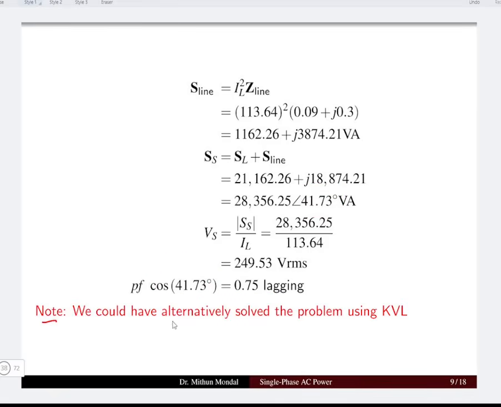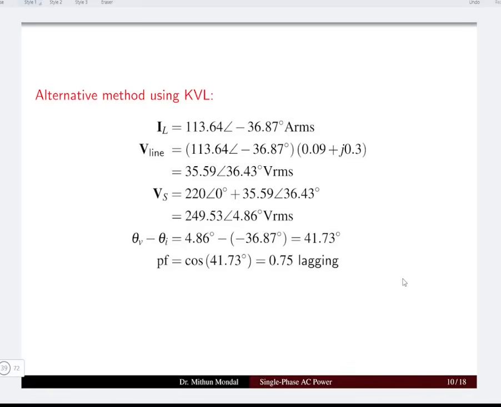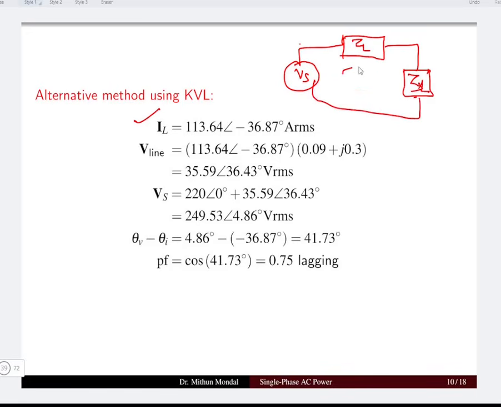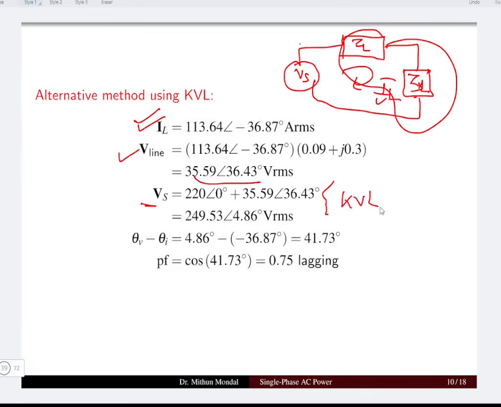Note, we could have solved this problem alternatively by using the concept of KVL also. How? Let us see. First we have to compute the current, because this is a one-loop problem where we have the source voltage, the line impedance, the impedance of the load, and this is the circuit. The current flowing here is I. The voltage of the line we can determine from the total impedance multiplied with the current, using Kirchhoff's voltage law.